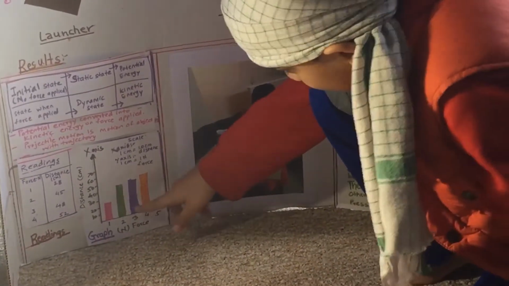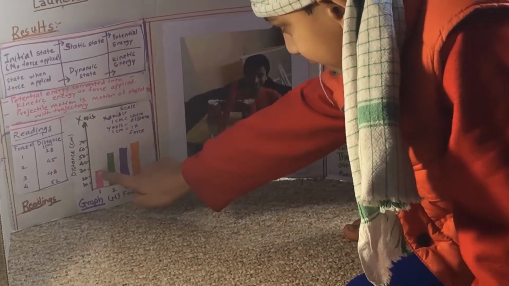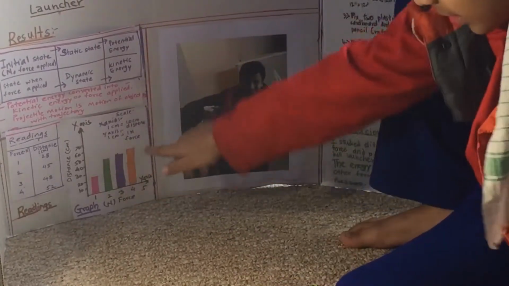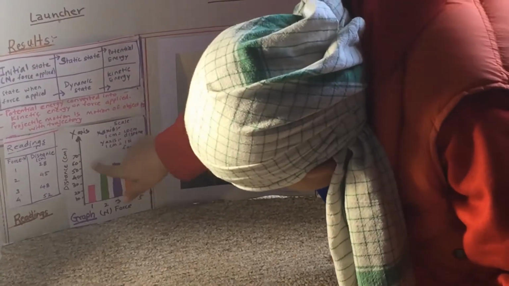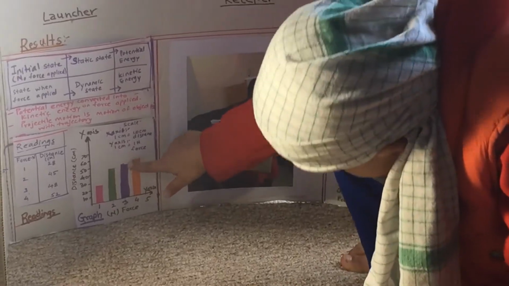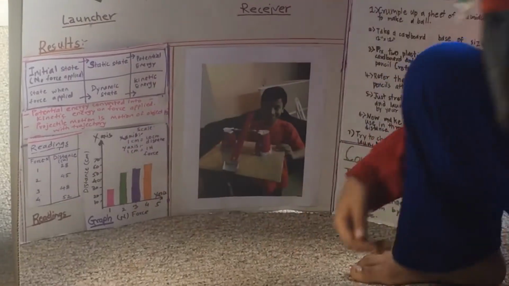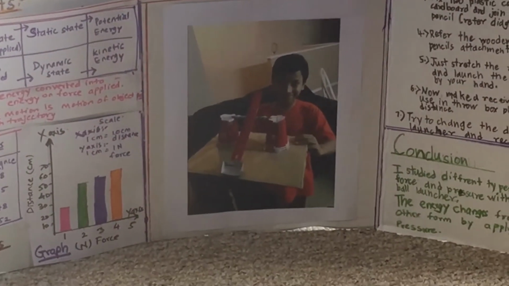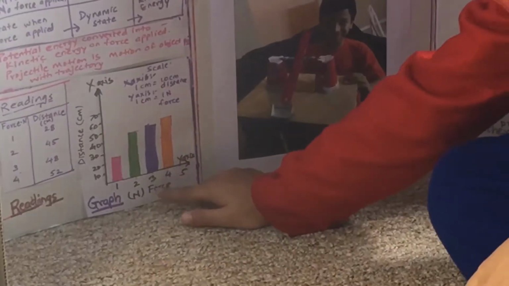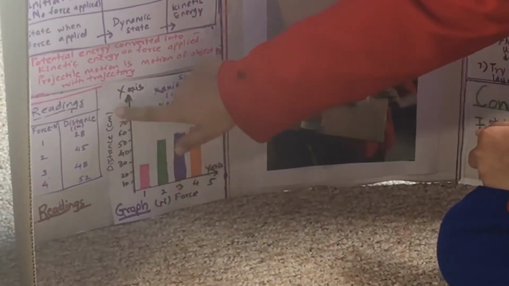As you can see, the first try was 25, and the second one was 42 or 43, then it went a little higher to 45, then 46. So these are all my readings and graphs. This is calculated in Newtons of force, and this is the distance in centimeters.